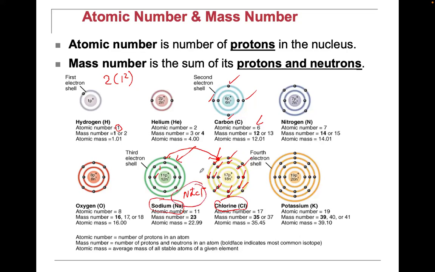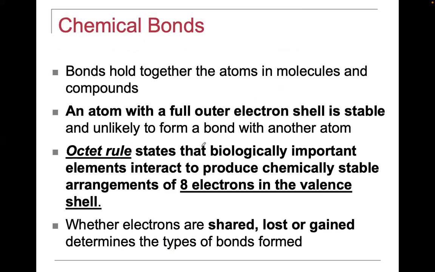This is called ionization. Ionization is when there's a gaining-losing type of relationship. That's called ionizing or ionization. And I'm going to cover that again in a second. So bonds hold together the atoms and molecules and compounds. An atom with a full outer shell is stable.